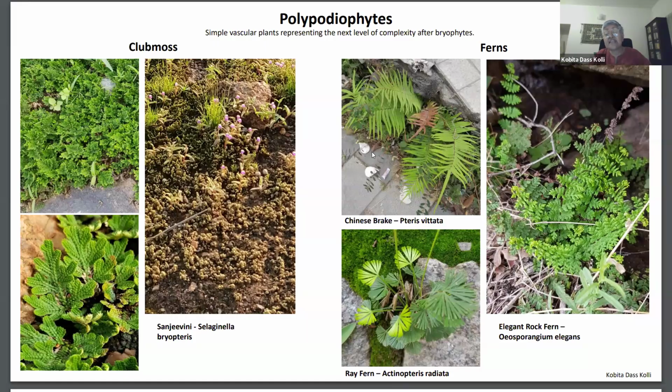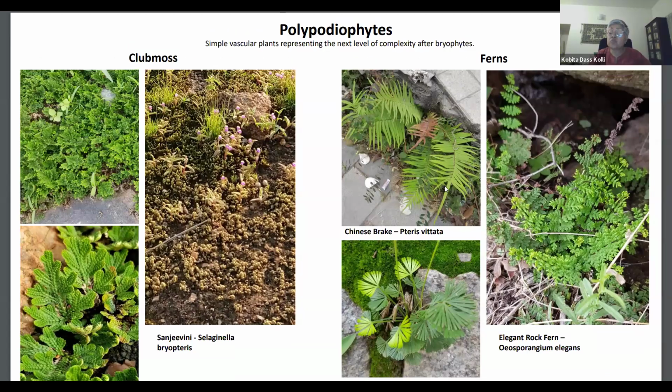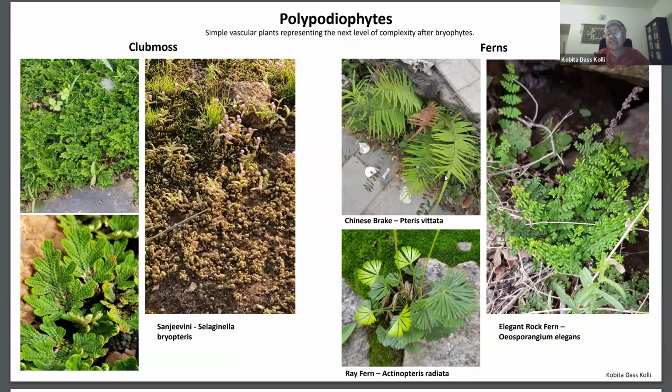You may see the dry forms in the dry season. If you see any dried leaf matter looking a little interesting, maybe tucked under rocks or in crevices, please take a closer look. Do take a clear picture if you can, and most probably we'll be able to identify that. Okay. Next slide, please, Ashwin.